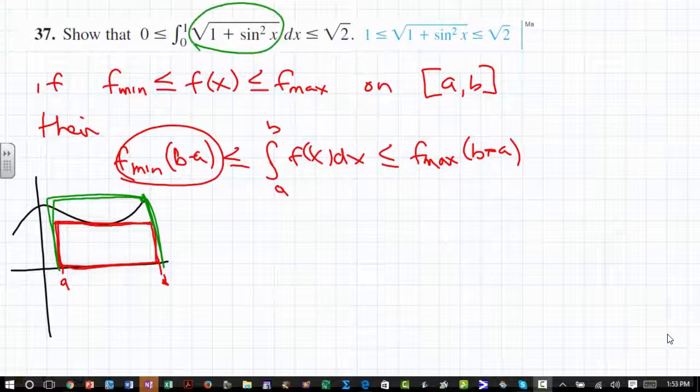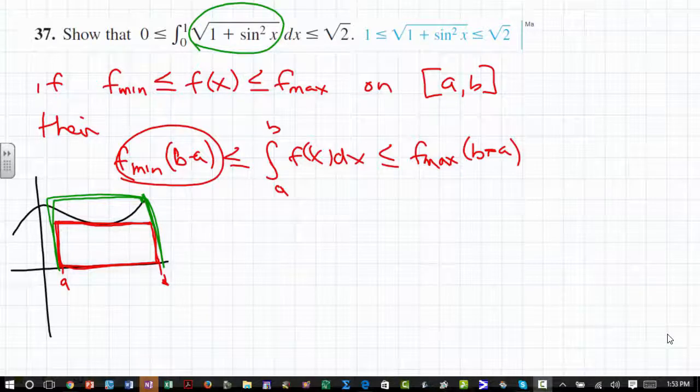Now, how does that play into this? Well, when you look at that expression, and you think about the sine of x squared, you could ask yourself the question, hey, what's the largest value that sine of x squared ever takes on? Which means for this function, f max is the square root of 1 plus 1, or the square root of 2. Oops, I shouldn't write up there.